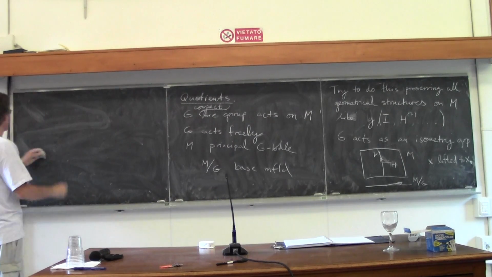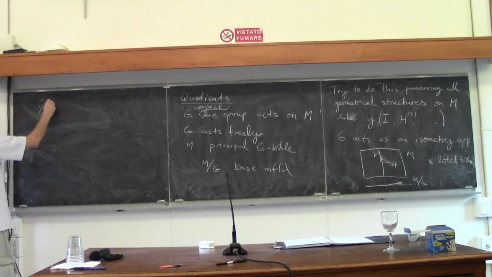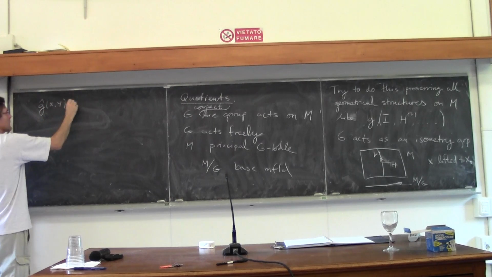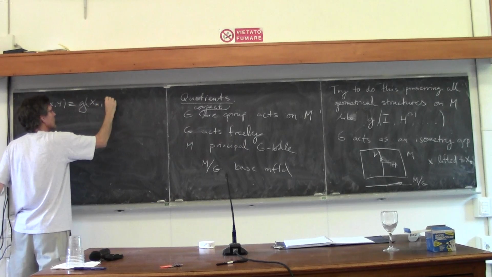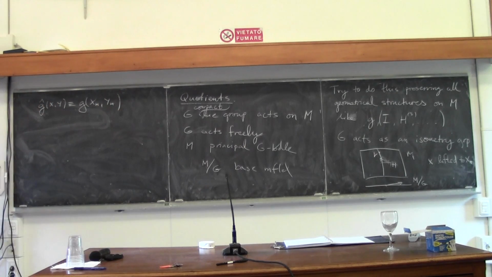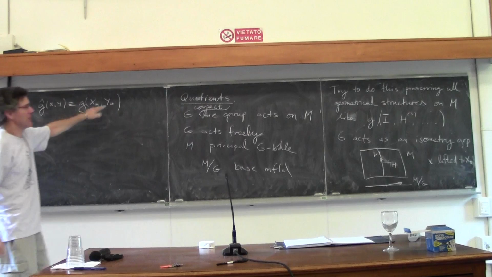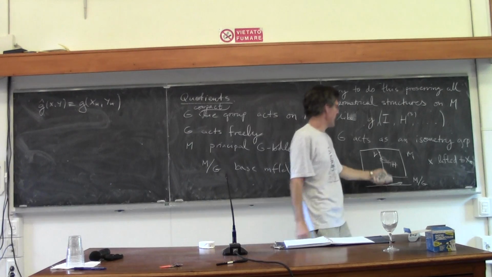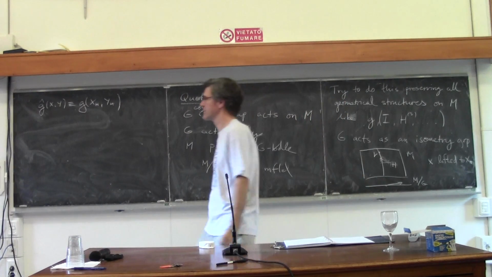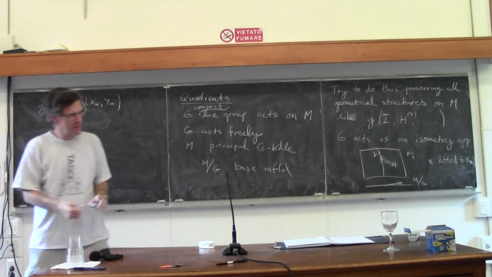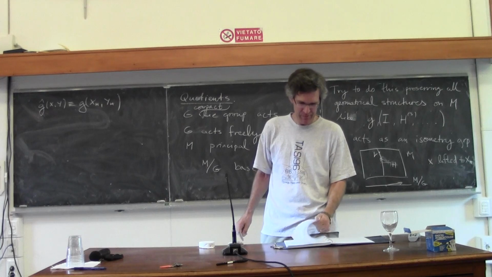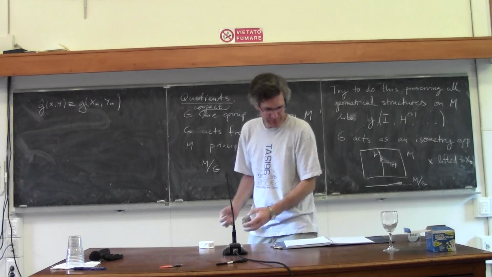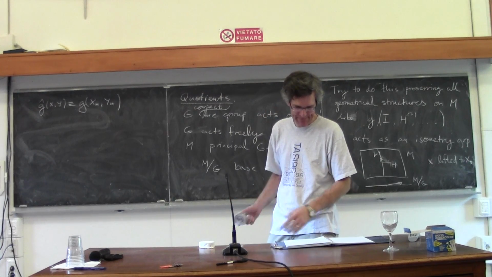And then the quotient metric is defined as the metric on the lift of the vector. You can show that it is independent of the point you choose on the fiber.